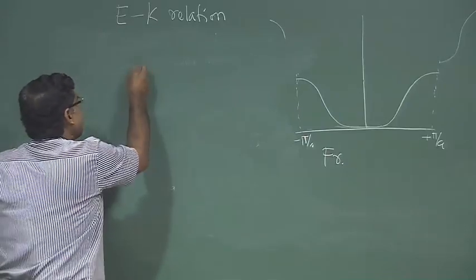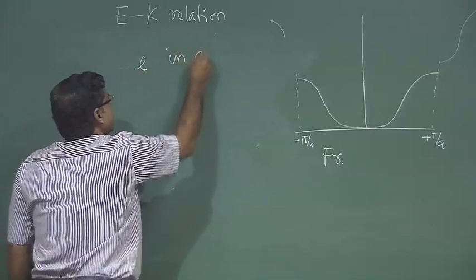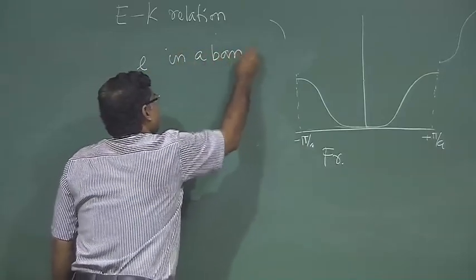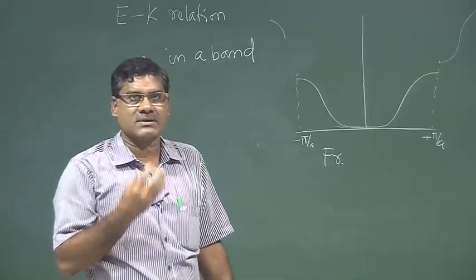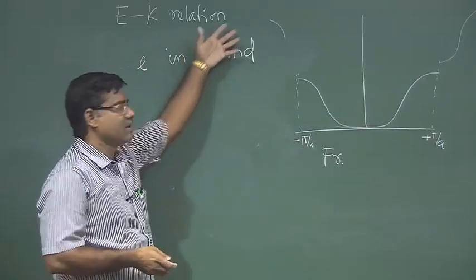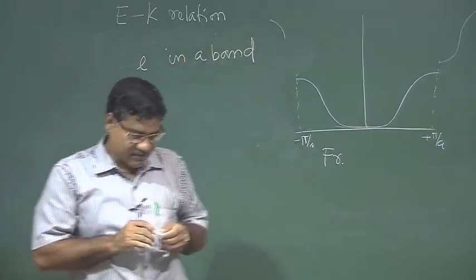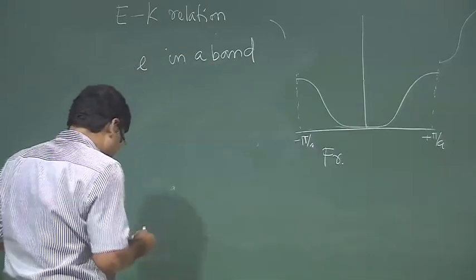Now, when an electron is in a band, what is its velocity? Whether its velocity is the same as the velocity of a free electron or it is different, that we want to find out.